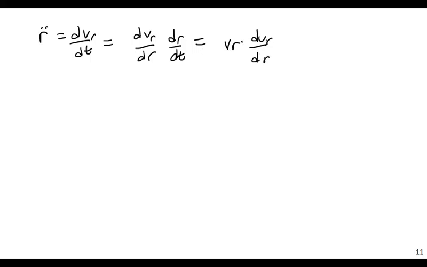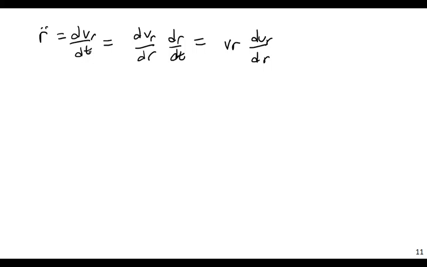So there you have it. The r double dot is going to be equal to the velocity in the radial direction times the rate of change in the velocity in the r direction.